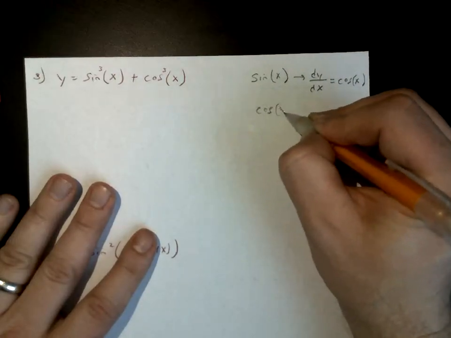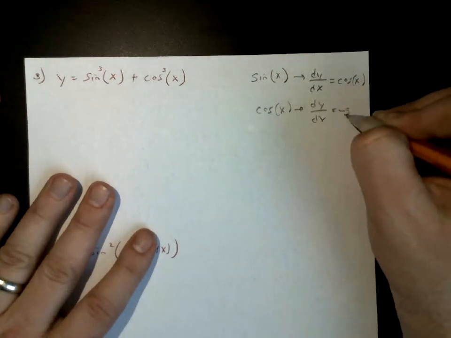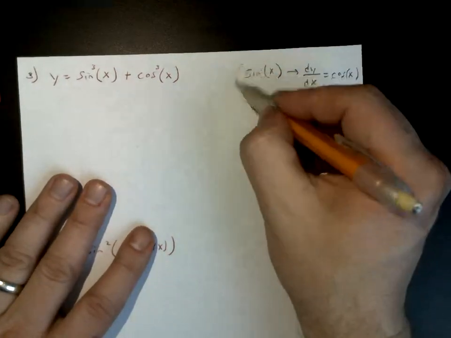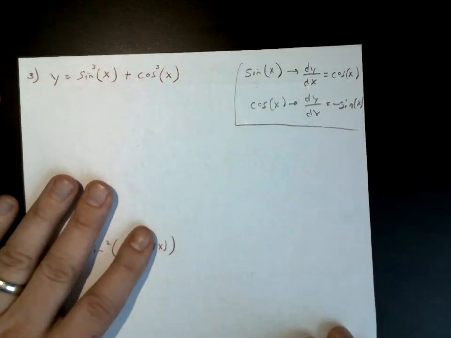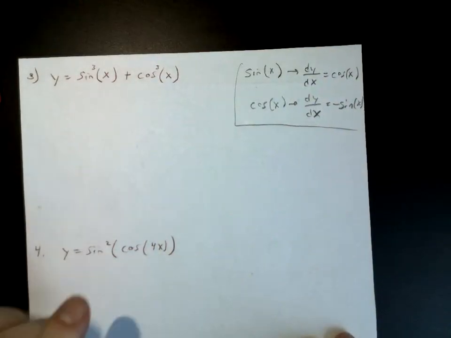And then we have cosine, and its derivative with respect to x is going to be negative sine x. So you might want to put that in the back of your head a little bit.